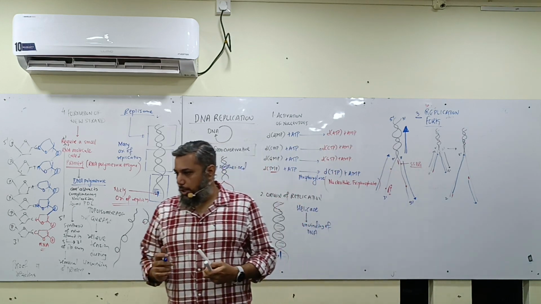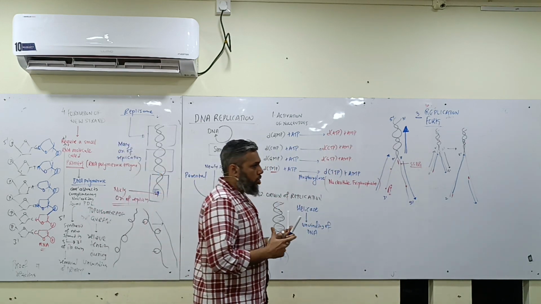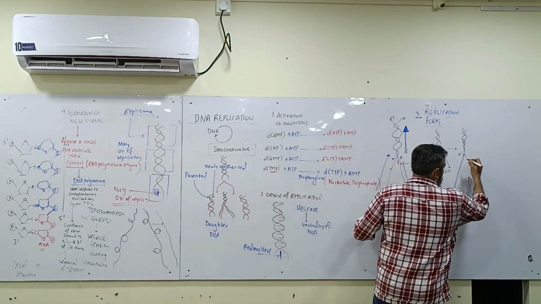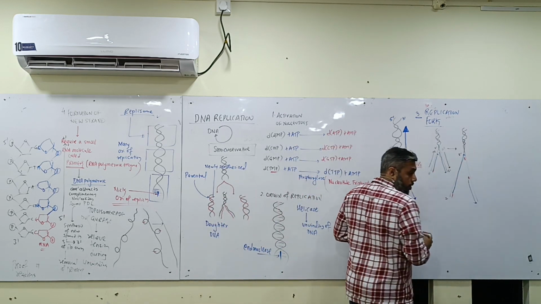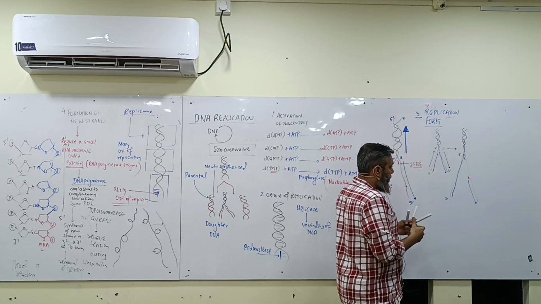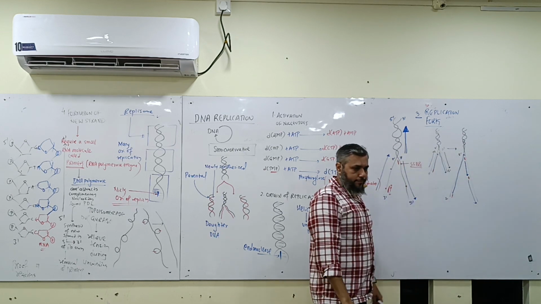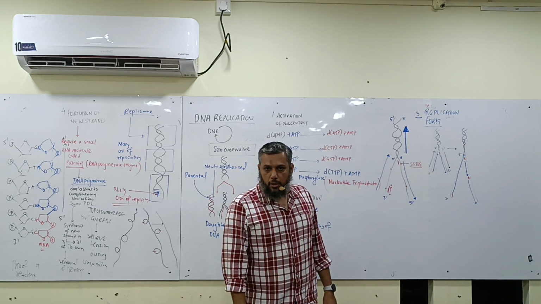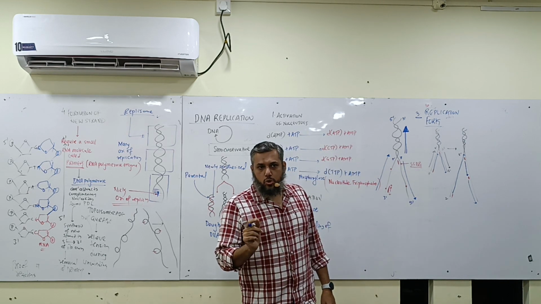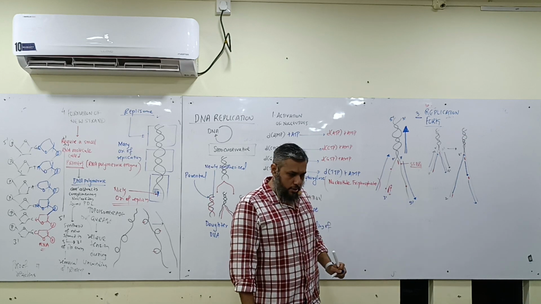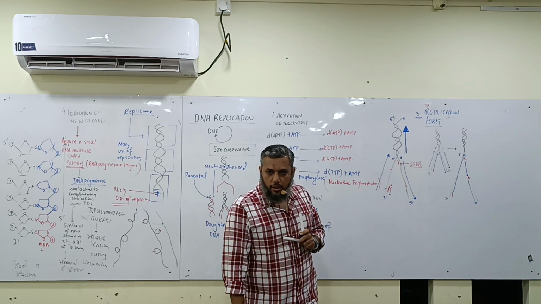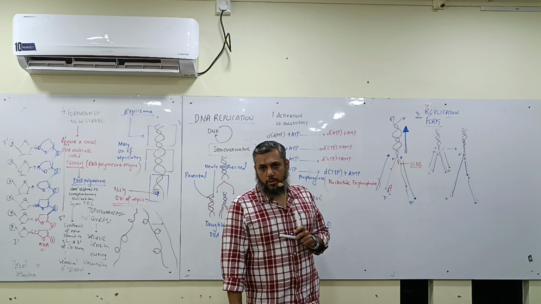I hope you understood my point. Yes. Now see what is happening. Who is this? Another strand. So can I say one of the strand is continuous, whereas the other strand is discontinuous?